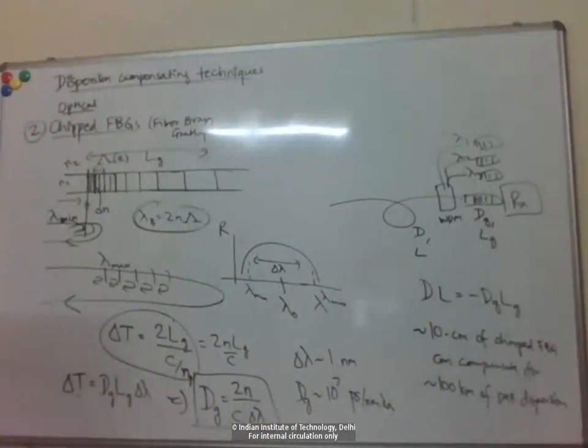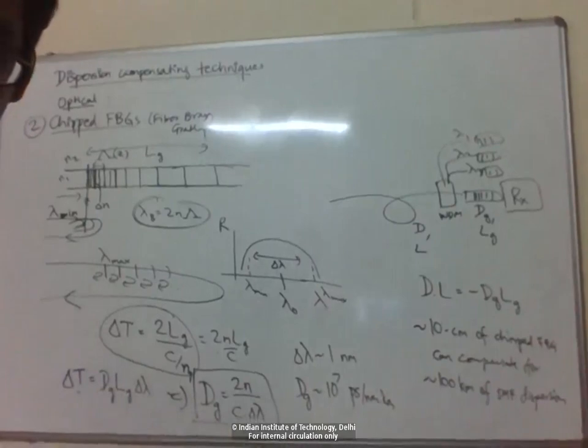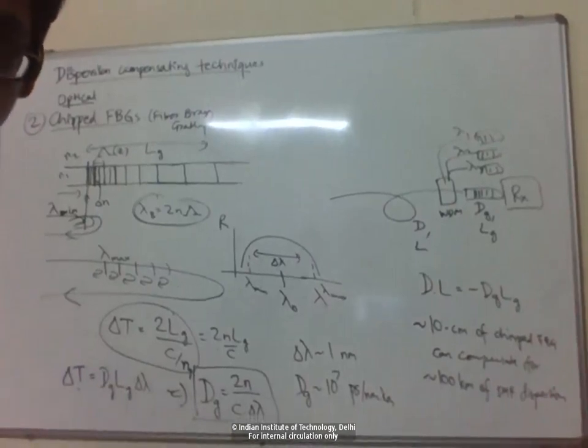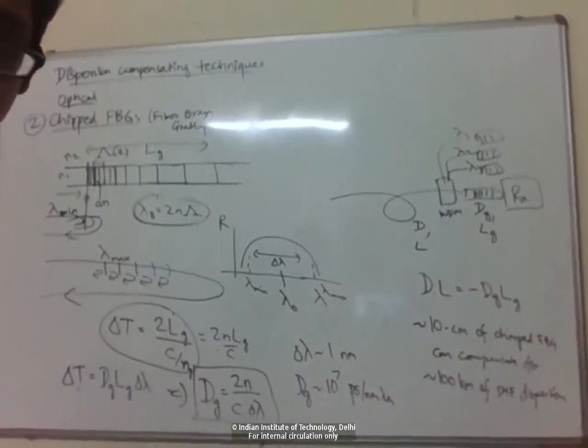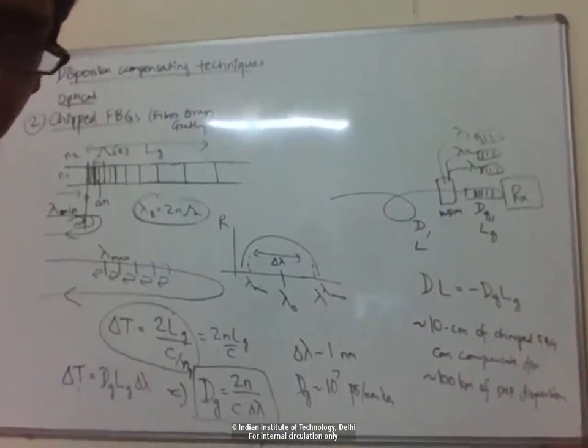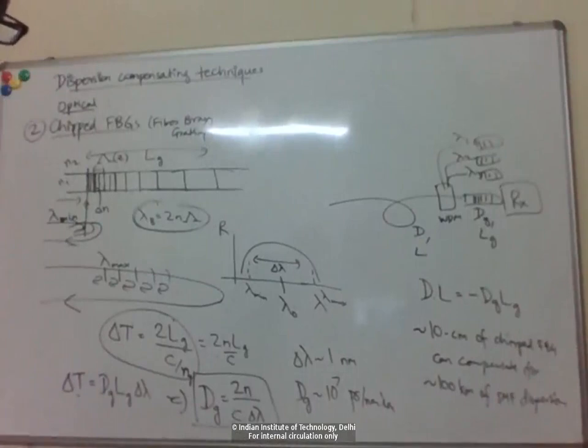In Bragg's wavelength formula, what is N effective?